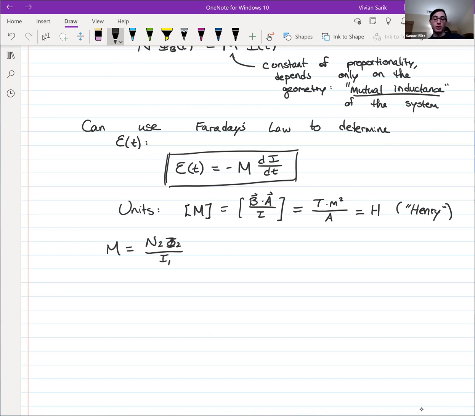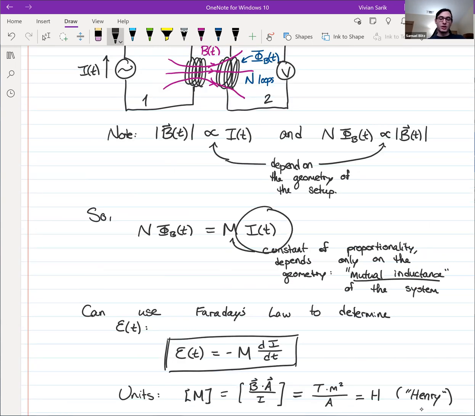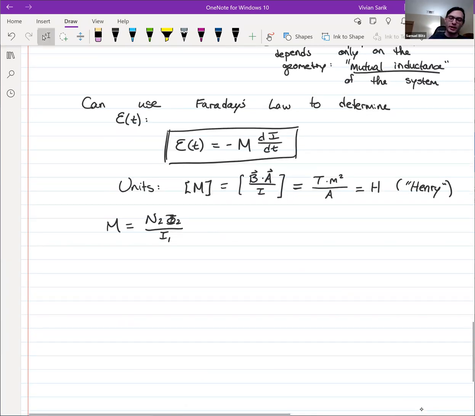So you have the current flowing through loop 1, and you can divide the number of loops in loop 2 times the flux in loop 2 divided by that current, and you get M. It's also true that this is equal to N1 times phi 1 divided by I2 if you had current flowing through the other one. And so let me just prove this to you by doing an example.